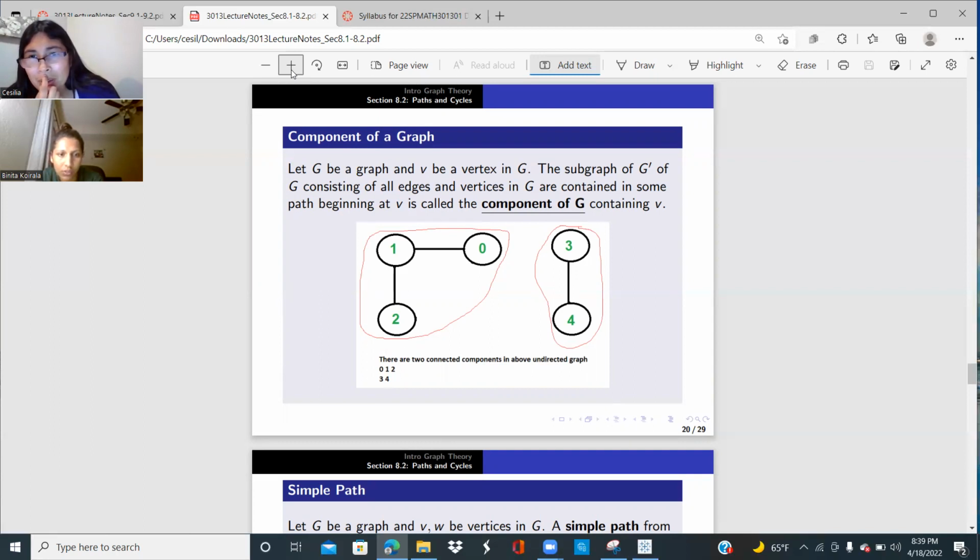These are the undirected graphs, right? This one I totally get.